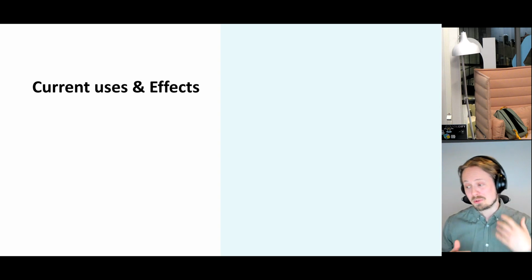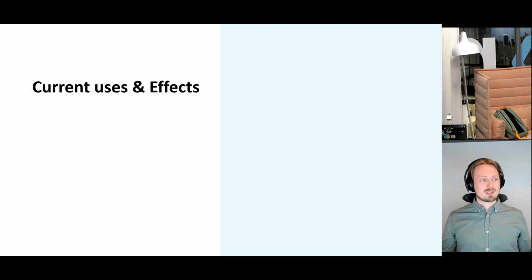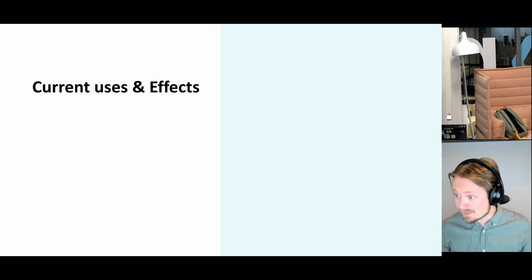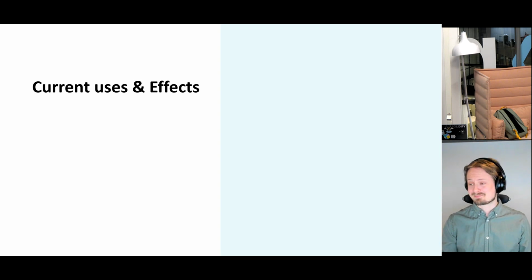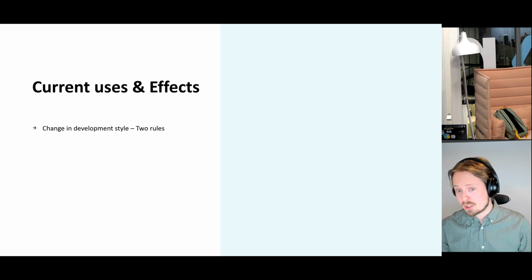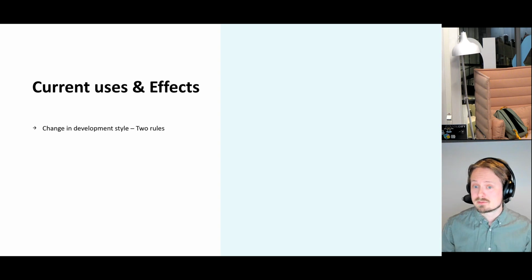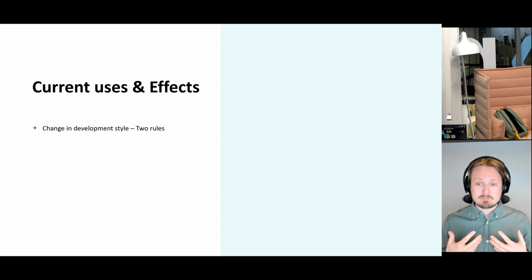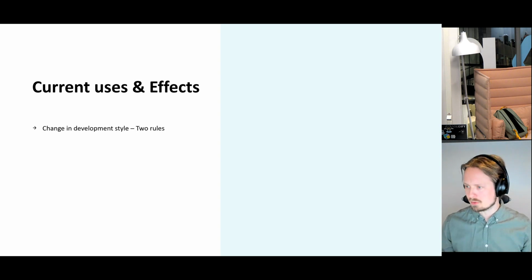So now to the most interesting part: how are we using it today and what effects are we seeing? First off, it has been a major change in the development style. My team has two rules that have come about because of feature flagging.